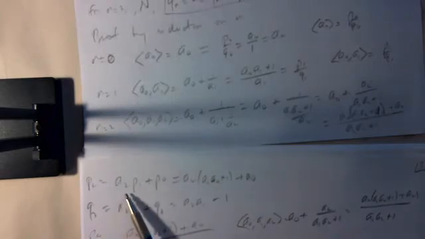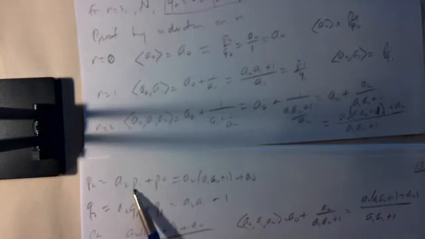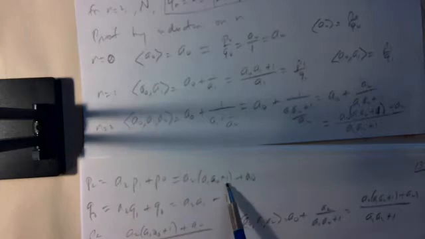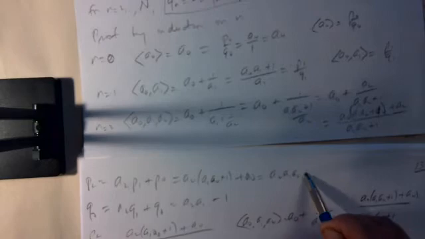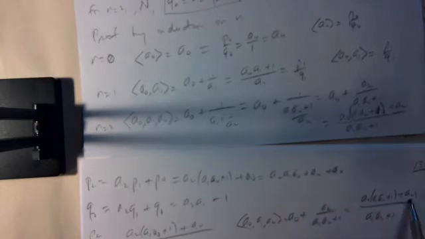And P2 is A2 P1. It's A2 (A1 A0 plus 1) plus A0, so this is A2 A1 A0 plus A2 plus A0, and if I expand this, that's exactly what I have here.